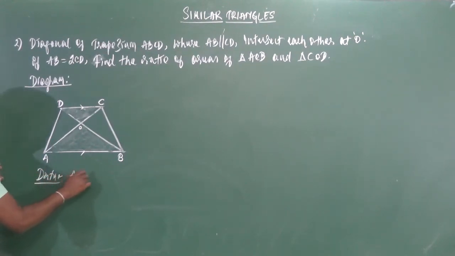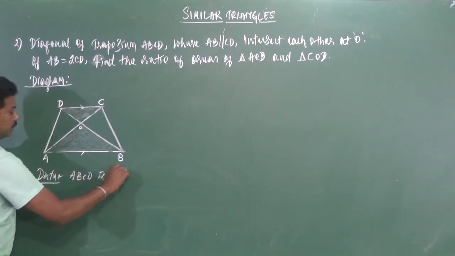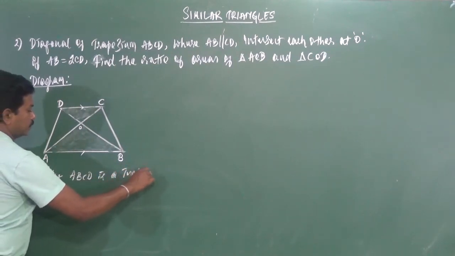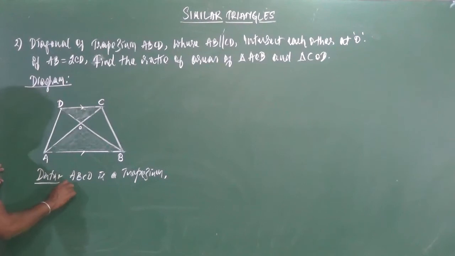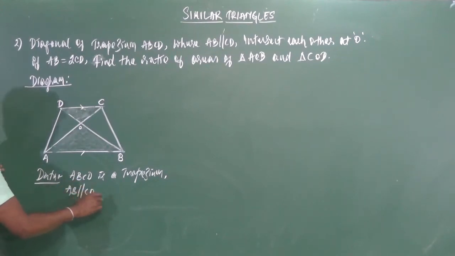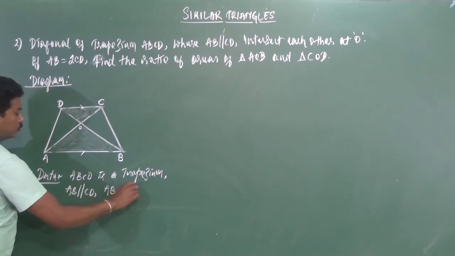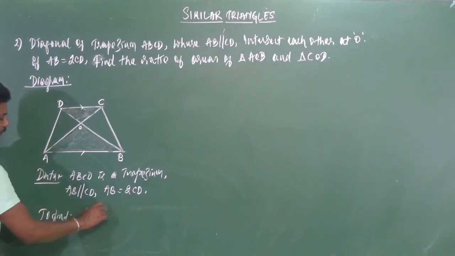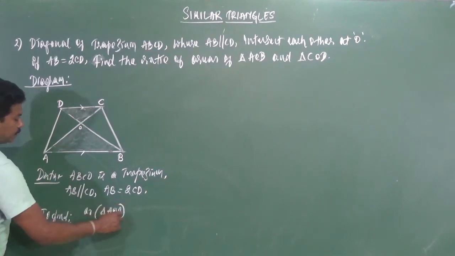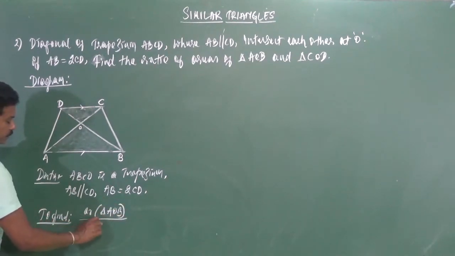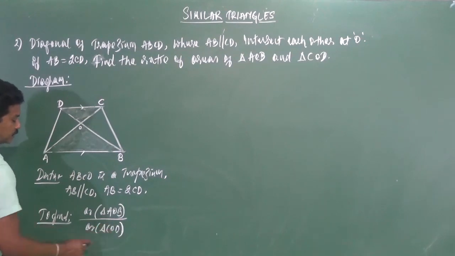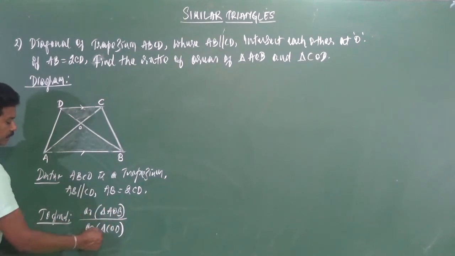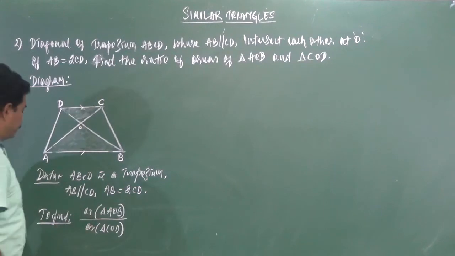ABCD is a trapezium, AB is parallel to CD and AB is equal to 2CD. To find: area of triangle AOB by area of triangle COD.